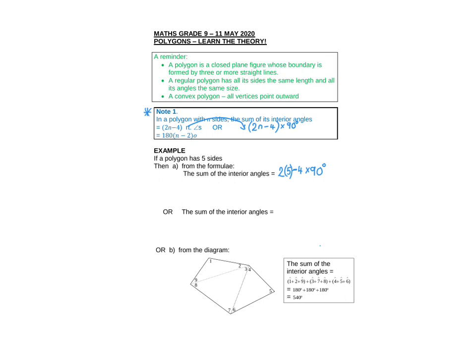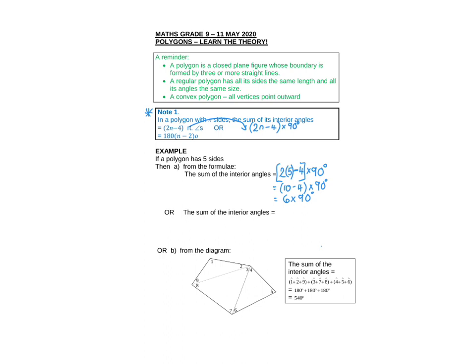Okay. Let's just put this in our square brackets since we have brackets there as well. And that means it's (10 minus 4) times 90, and that gives you 6 times 90, which is equal to 540 degrees.